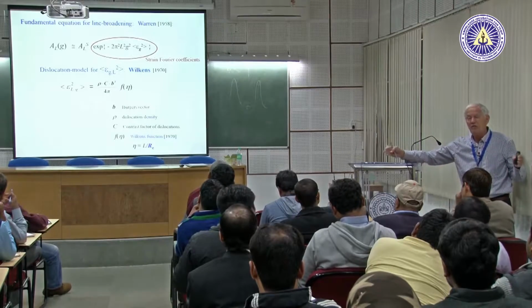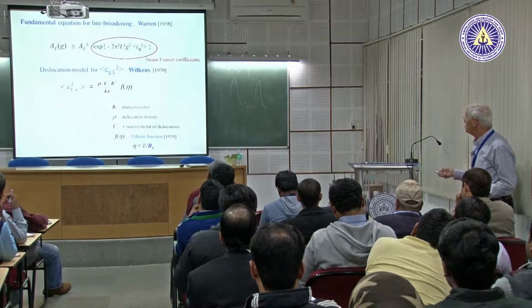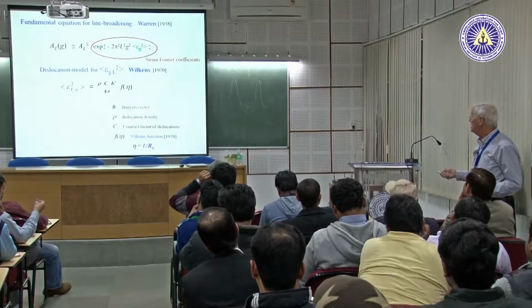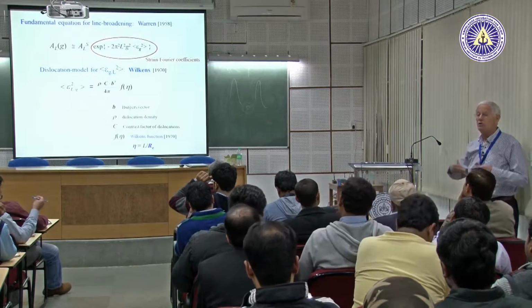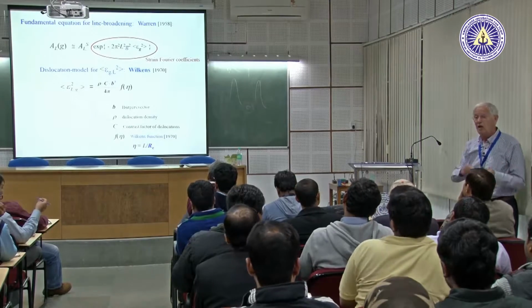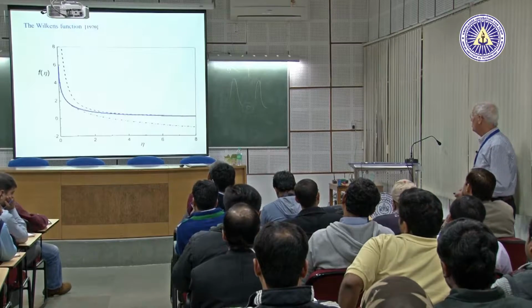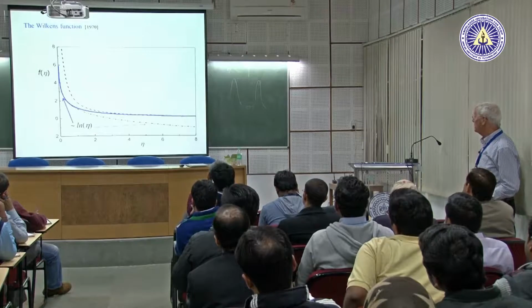So then you have a chance to inverse Fourier transform this simple expression, because you put in the exact formula for the mean square strain. You can do the inverse Fourier transform, and you have the strain profile. So this is the function of Wilkens, and it has two parts.